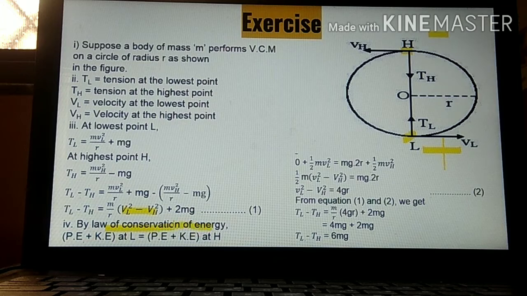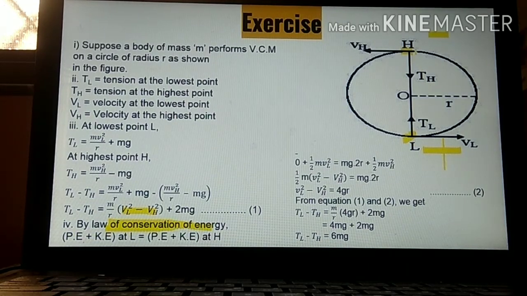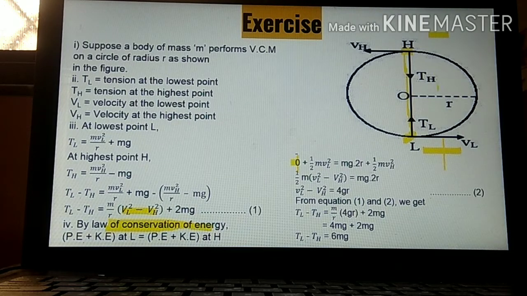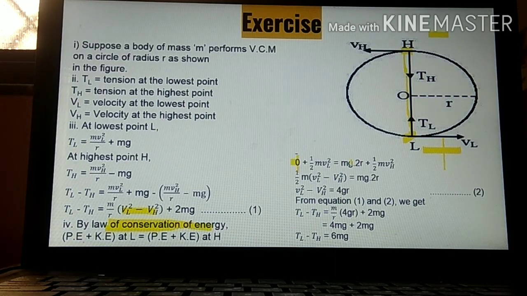By the law of conservation of energy, we can write: potential energy at the lowest point plus kinetic energy at the lowest point is equal to potential energy at the highest point plus kinetic energy at the highest point. Potential energy at the lowest point is equal to 0. Kinetic energy at the lowest point is half m vl square. The distance travelled by the bob from here to here is r and r, so it is 2r. So mg2r plus half m vh square.